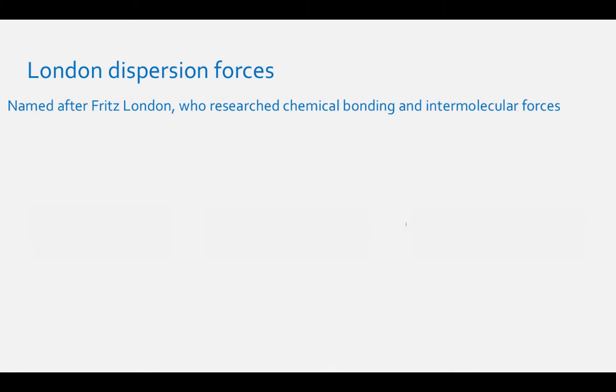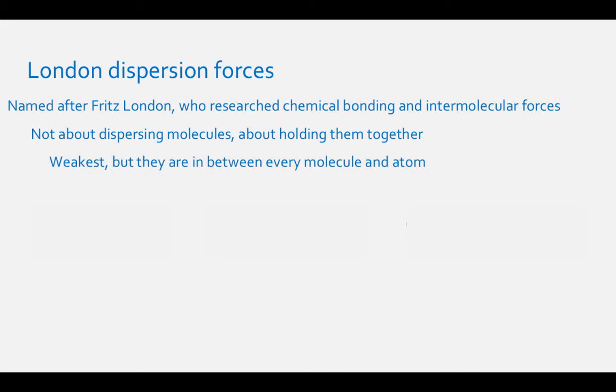And don't let the name fool you. London dispersion forces are not about dispersing molecules. They are about holding molecules together. Even though London dispersion forces are weak, they are between every molecule and atom.